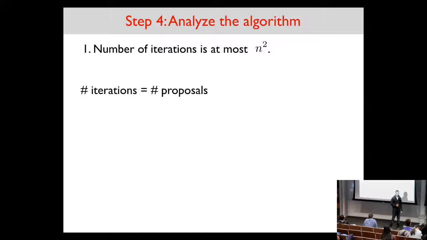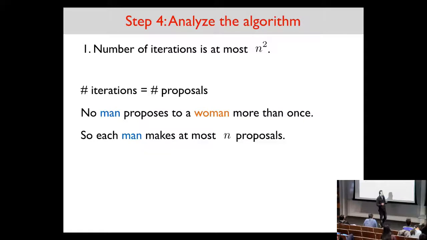First of all, observe that the number of iterations in this algorithm is just the number of proposals. One iteration is one proposal. We're just going over proposal after proposal. So we want to count the number of proposals being done in this algorithm. Observe that no man proposes to a woman more than once.